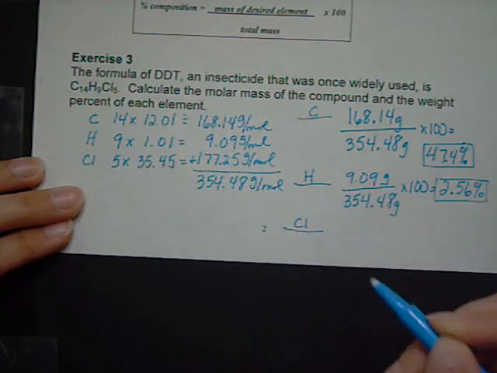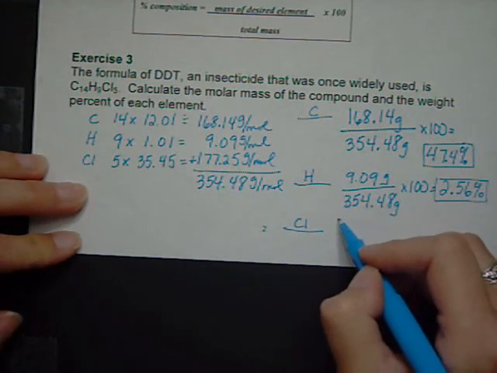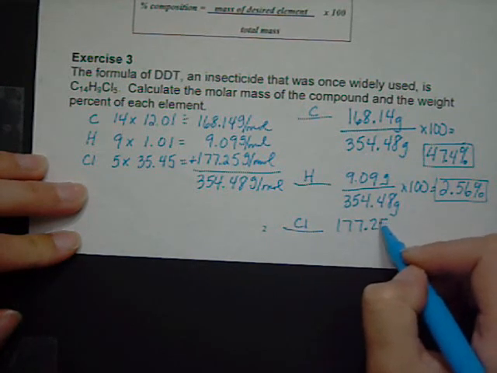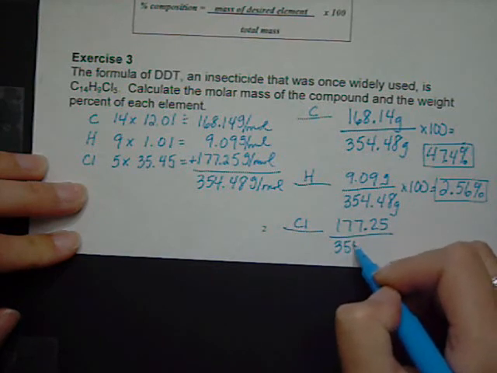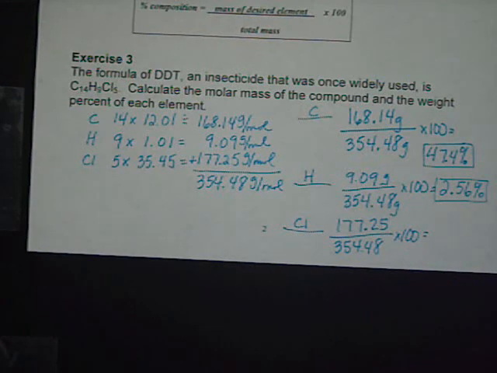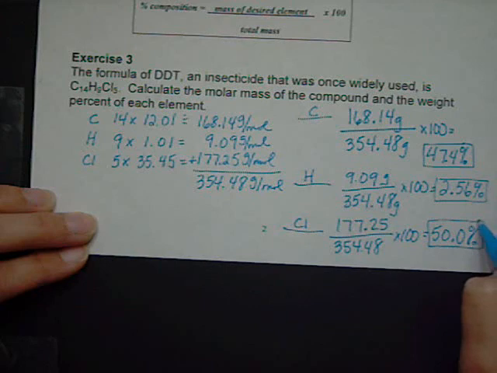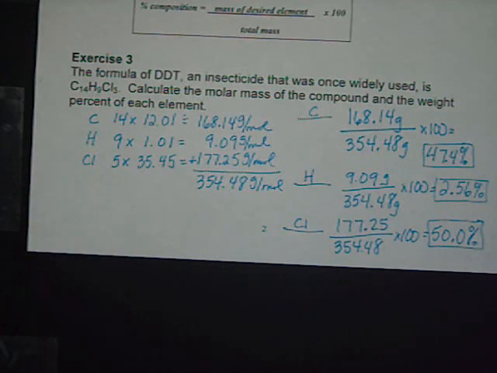I can either subtract from 100 or I can set up the problem again. So 177.25 over 354.48 times 100 is 50.0%. Or like I said, you could have subtracted that from 100. And that concludes the average atomic mass and percent composition notes.